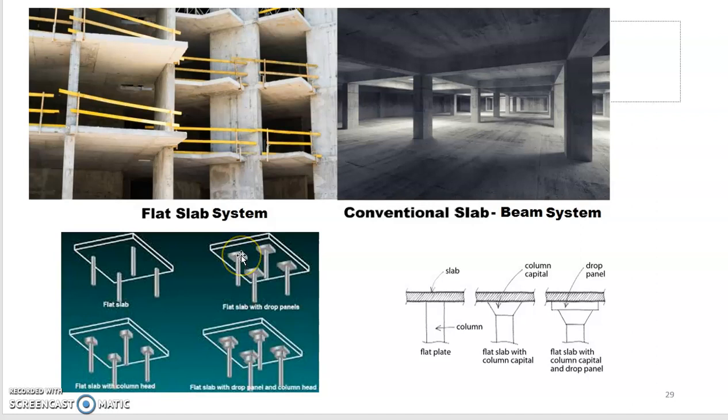These are known as drop panels. If it is made thicker, it is known as a column head. Here we can see that column head and drop panels are provided along with the slabs. So accordingly, we can classify the flat slab into various systems.